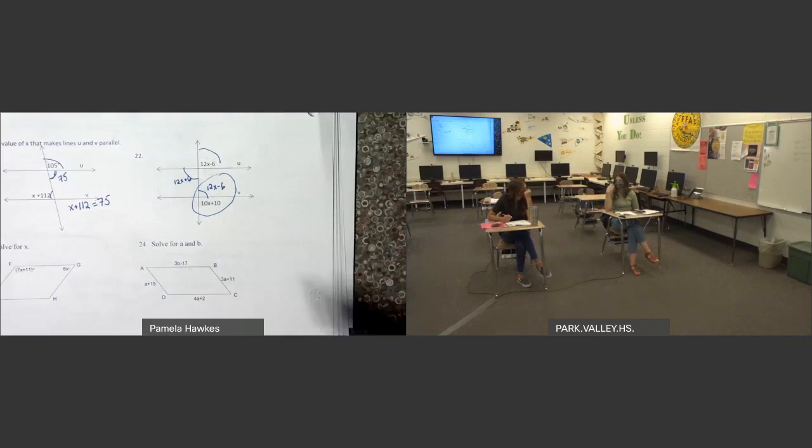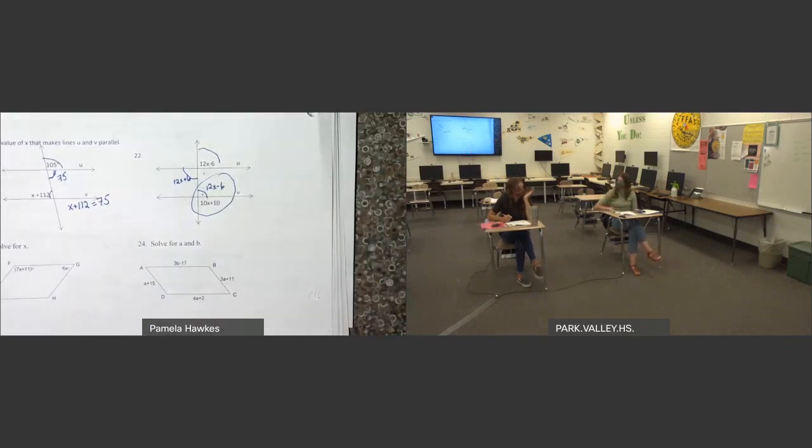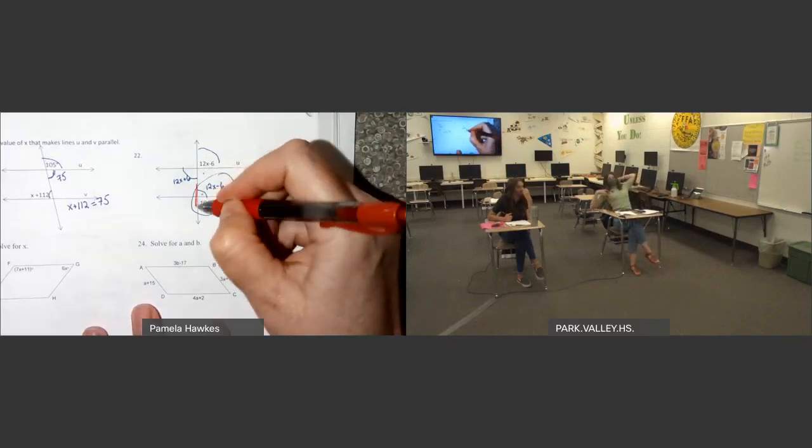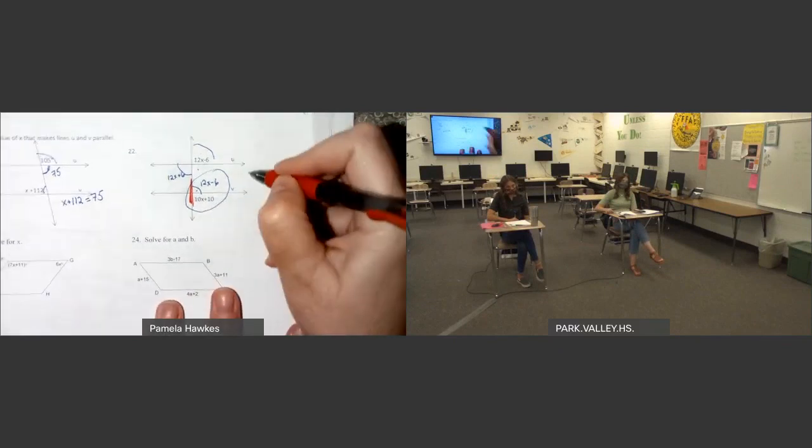No, consecutive would be like this one and this one. They are adjacent, but adjacent doesn't tell me anything. Let me give you a hint. Makes a line. So what are they? Go ahead. Linear pair. So then how am I going to set it up?